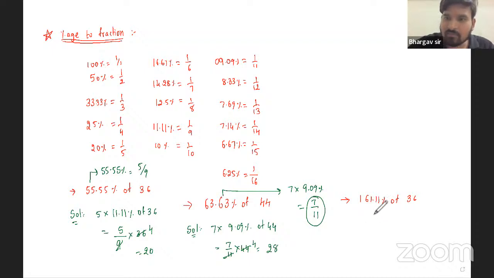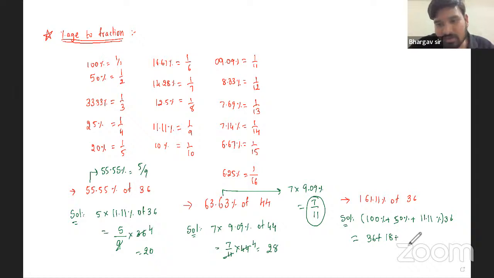I will split it in terms of the percentages that I know. 161.11% is 100% plus 50% plus 11.11% of 36. Now it will be easy for me. 100% of 36 is 36. 50% of 36 is 18. 11.11% of 36 is 1 by 9 of 36, which is 4. 36 plus 4, 40. 40 plus 18, 58. My answer is 58.